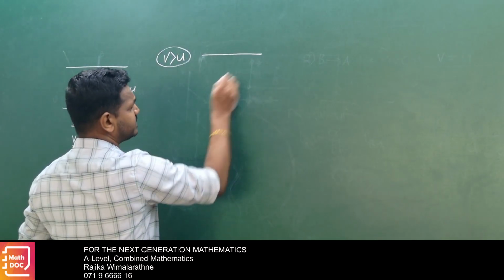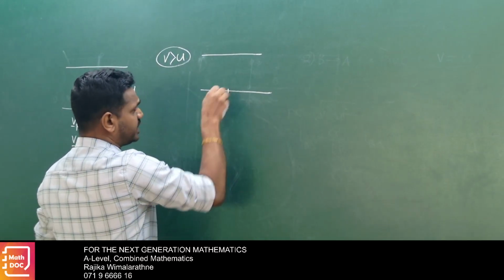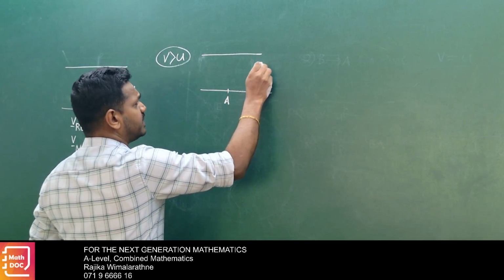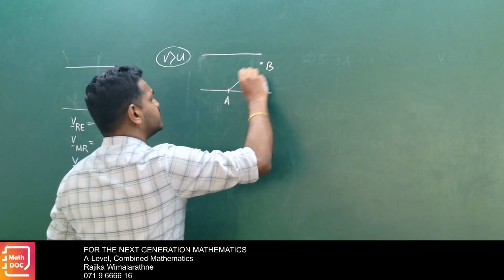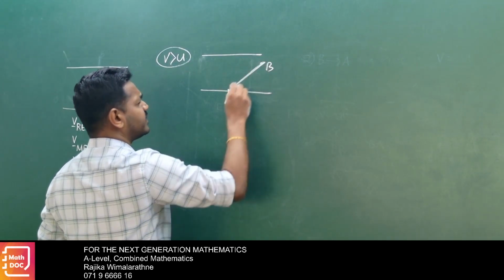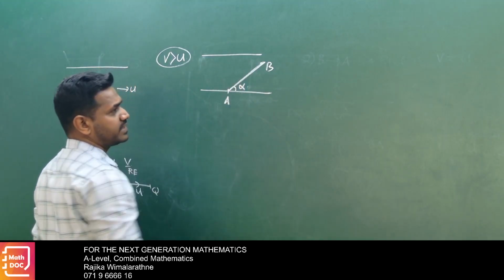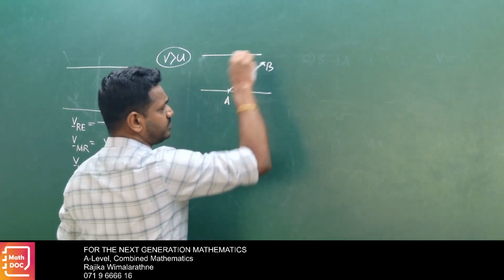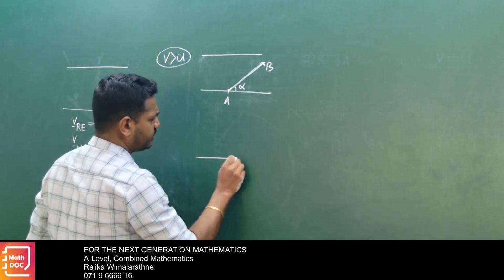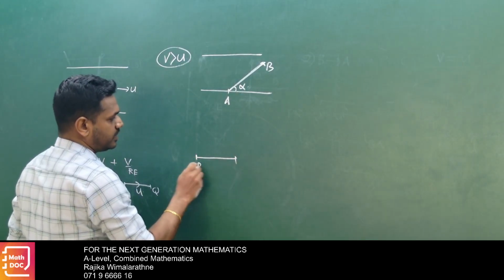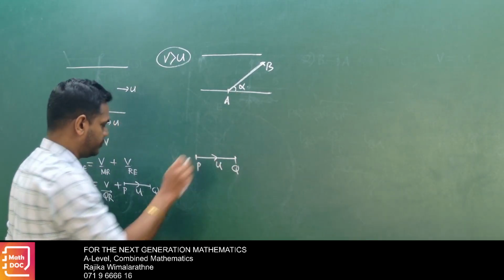Okay, now here the case. You think here A, you think here B. So A to B motion. Take this inclination alpha. Then here PQ, magnitude U, no?